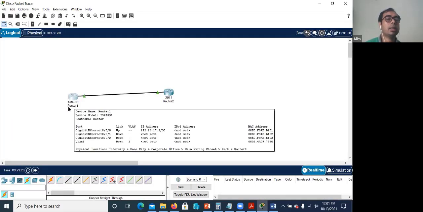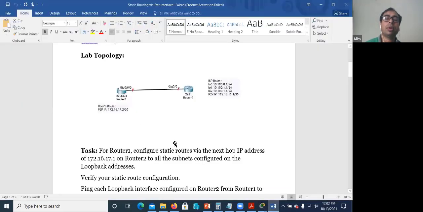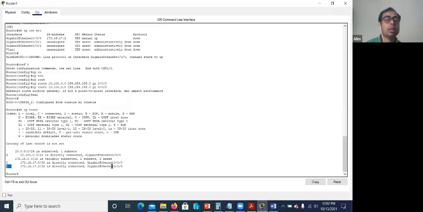This router ISR 4331 itself is a host. Okay, it has IP address 172.16.17.2. If it is the local IP address, it is represented as L. That means this IP address is used locally. Just remember the language, then it will be clear to you.